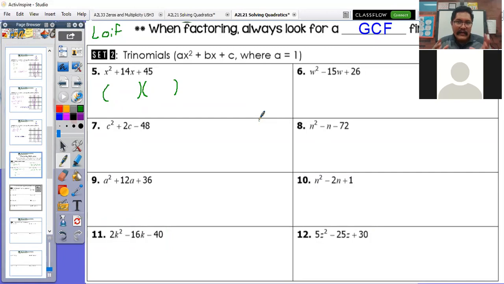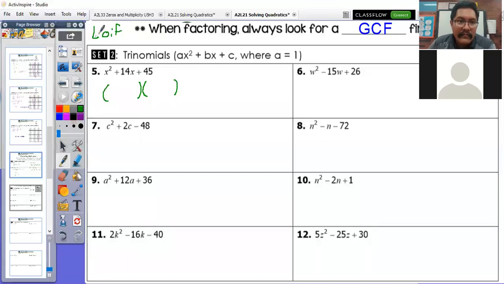I call it the LOIF method because it's backwards of FOIL. And just like going backwards of FOIL, we know how to use FOIL when we have two parentheses. Multiply the first numbers, multiply the outside numbers, then the inside numbers, and then the last numbers. But we're doing this opposite. We're taking FOIL apart.